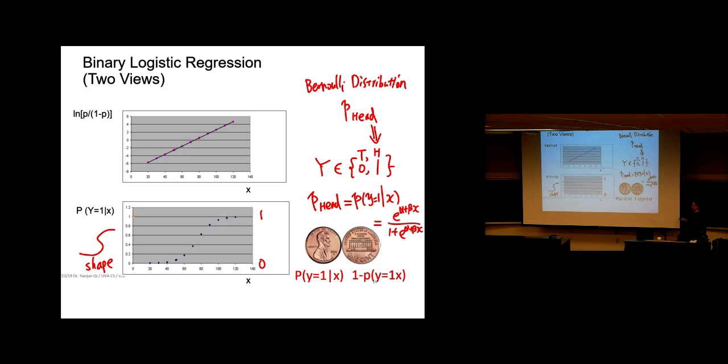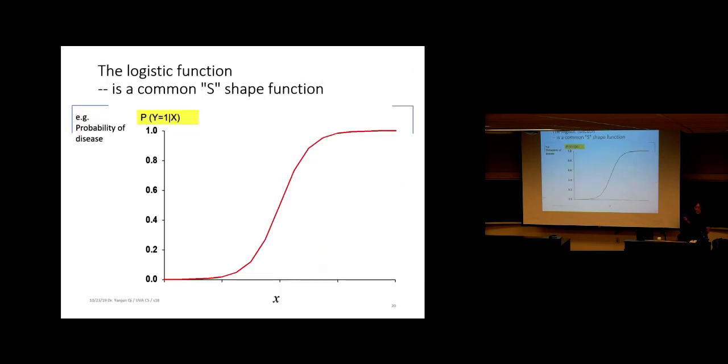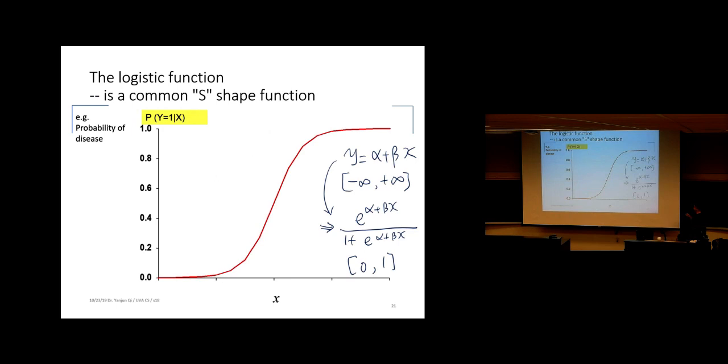But in the logistic regression case, you're assuming P hat is a parameterized function controlled by the input feature x and also the alpha and beta parameters.